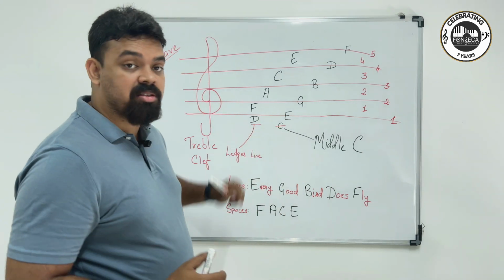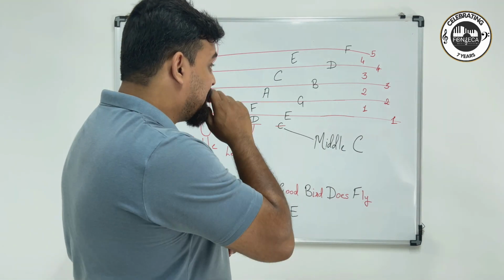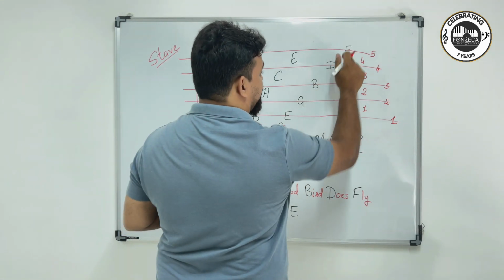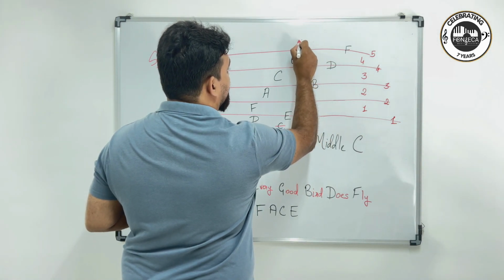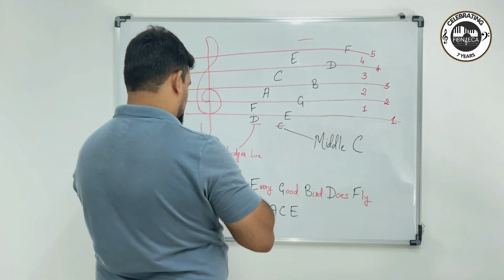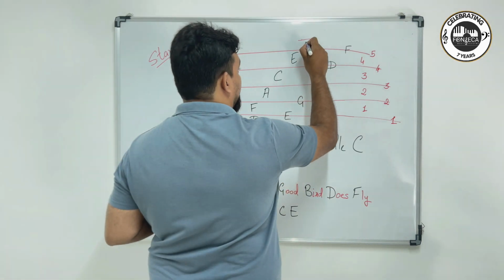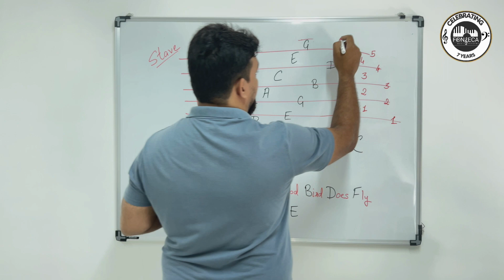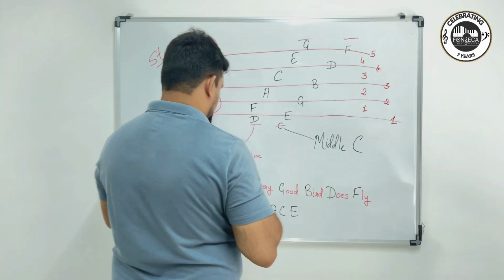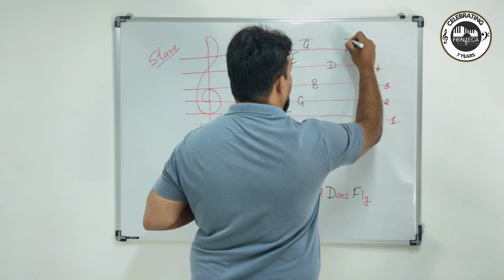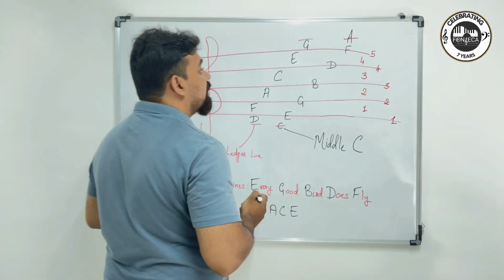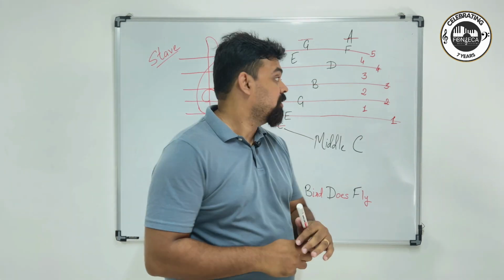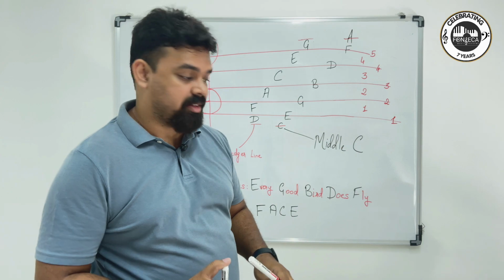The treble clef always begins on the middle C. In the same way, as we go above, the last note we have on the 5th line is F. So now the next note should fall on a space, and if we go alphabetically, this will be our G. After G, the next note we have should be again on a line, and obviously it will be A. And this can continue higher. We will not be going since we reach the end of the board, but this can go higher than this.